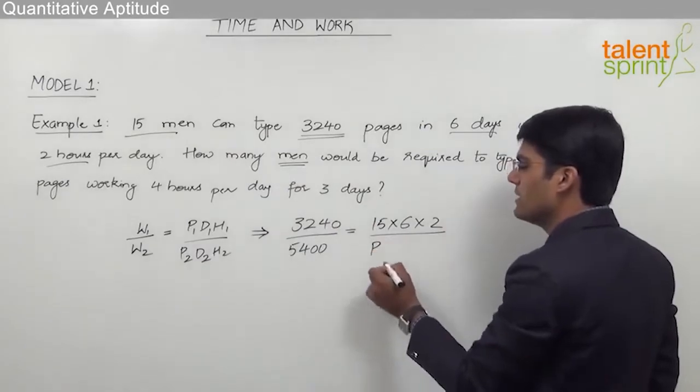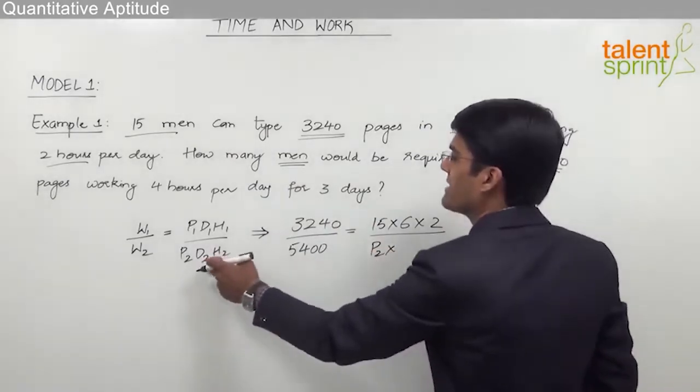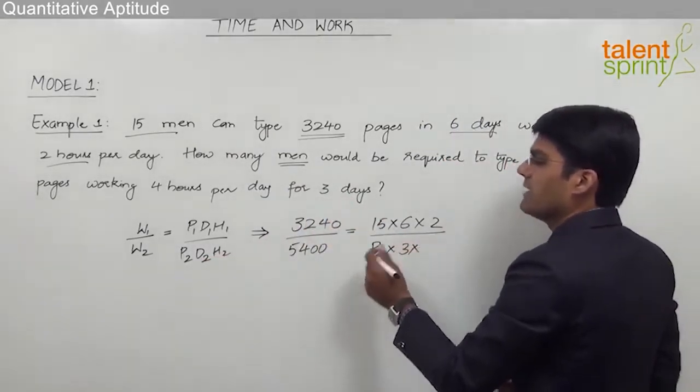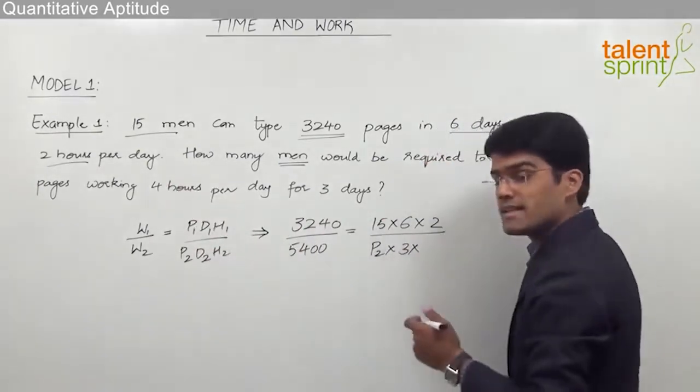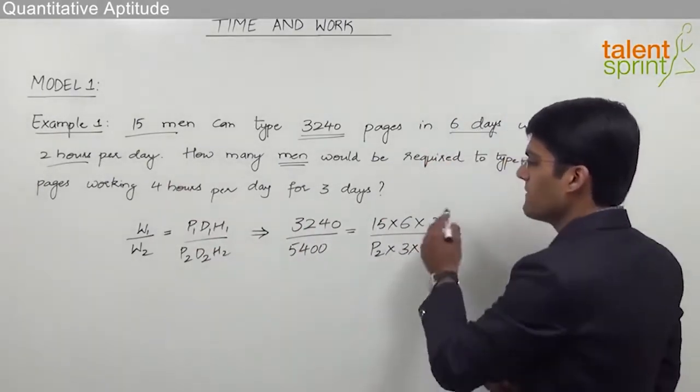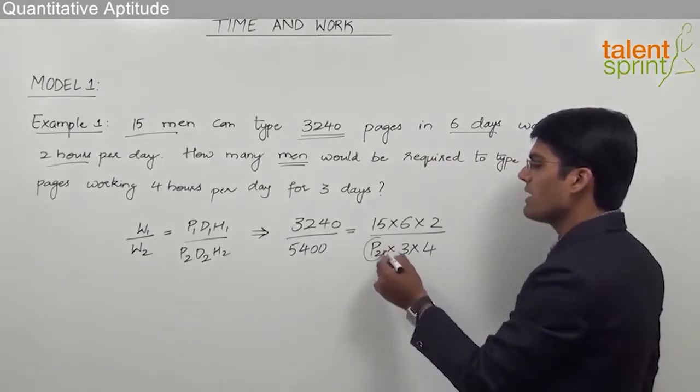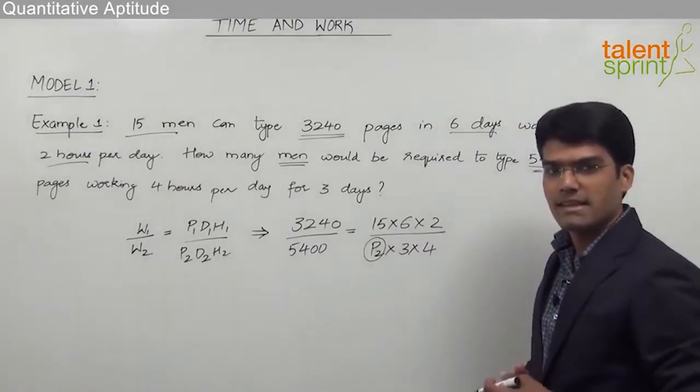So let us take it as P2, into the number of days in the second case, 3, and number of hours per day in the second case, 4.